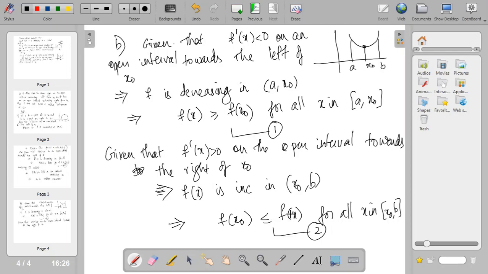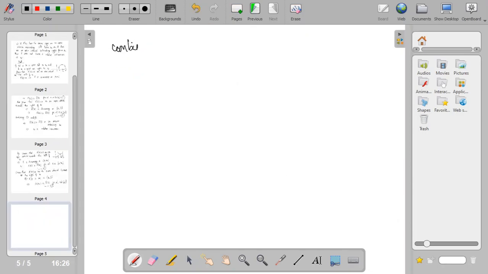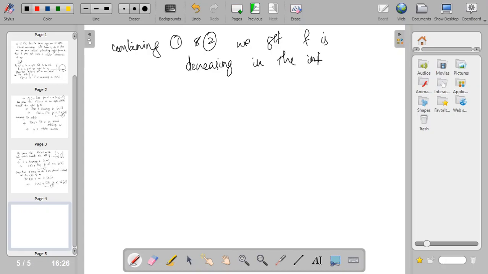So combining 1 and 2, we get that f of x naught is less than or equal to f of x for all x in the interval, and that is the definition for a relative minimum.